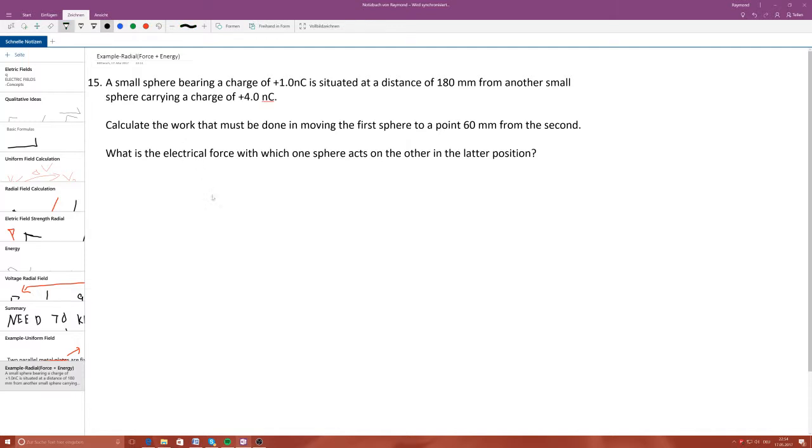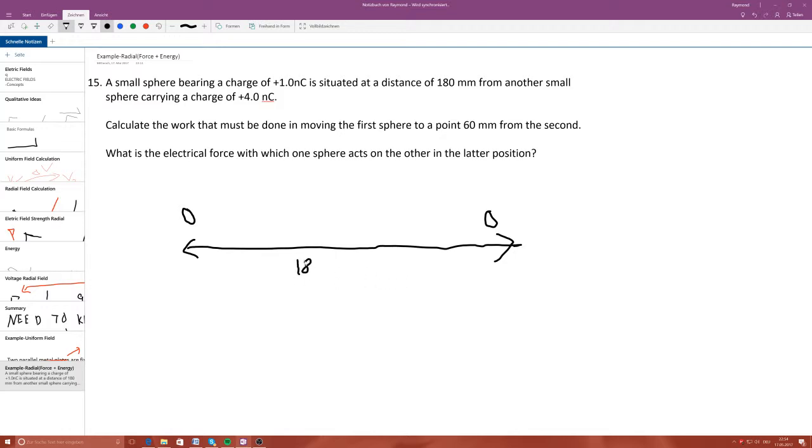So we have a small sphere, a very bad sphere, and it's 180 millimeters from another small sphere. By small sphere, they mean a point, which is important for Coulomb's law since it only works for points. And these were given the charges, so here we have Q1 and Q2.